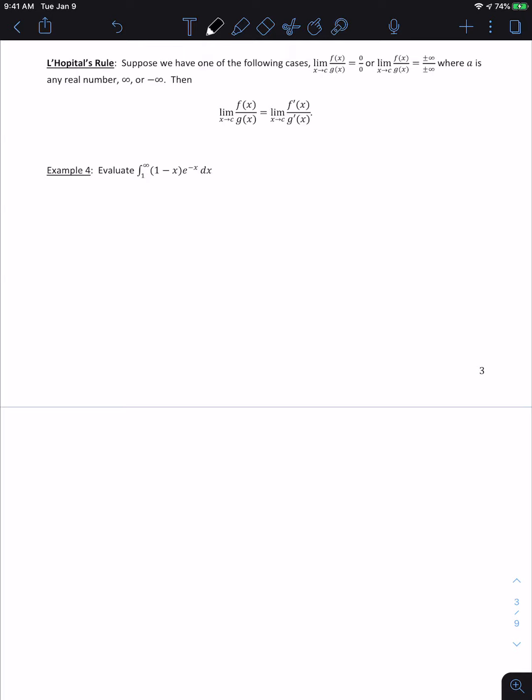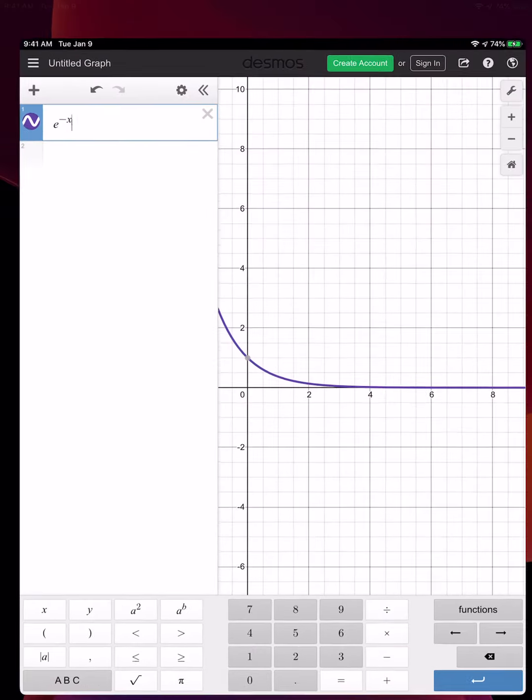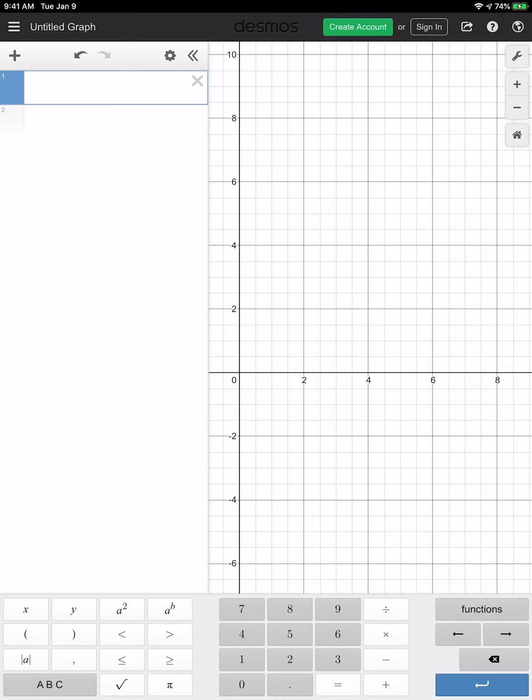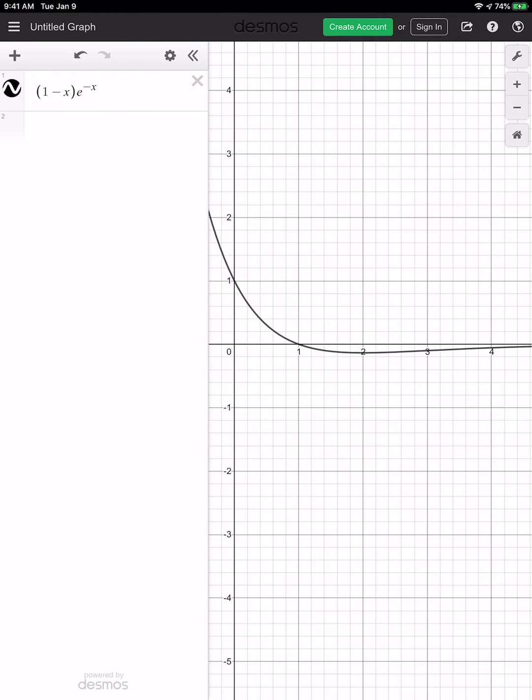Okay, so in this example, my function is 1 minus x times e to the negative x. What does that function look like? It looks like this, right? So again, you can see if we're looking at the integral from 1 to infinity, it looks like that area might be pretty well bound.